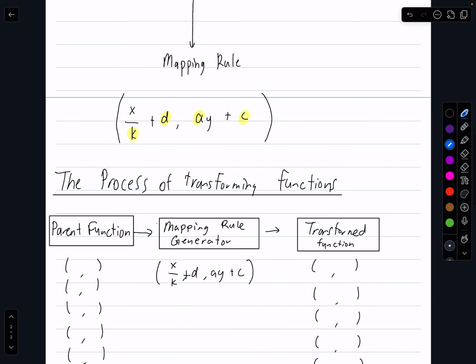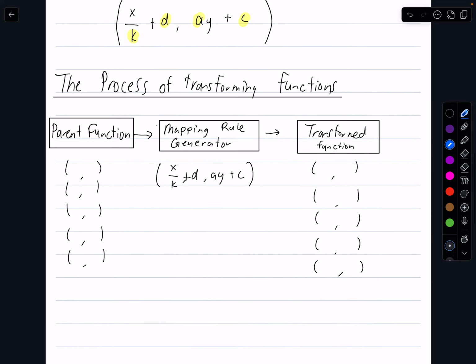Once we generate the mapping rule formula, we can take these points that we got. Let me just write it over here. We're going to plug them in here, and we're going to be plugging these points in as x and y, right? Mind you, we already have our a, k, d, c from before. So I'll put this in color coordination.